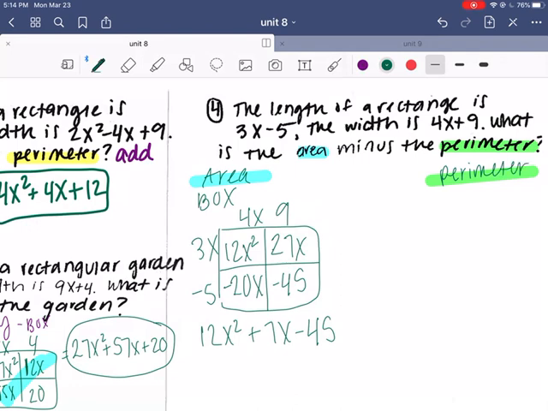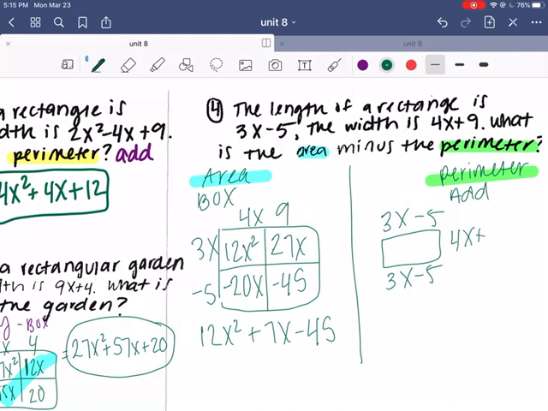And then we'll find the perimeter over here. Perimeter, again, means to add, all right? So if we're adding, how many sides do I have? I have 3x minus 5 and 3x minus 5. On those sides, 4x plus 9 and 4x plus 9. Combine your like terms.